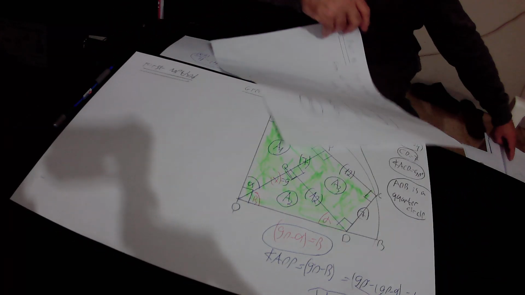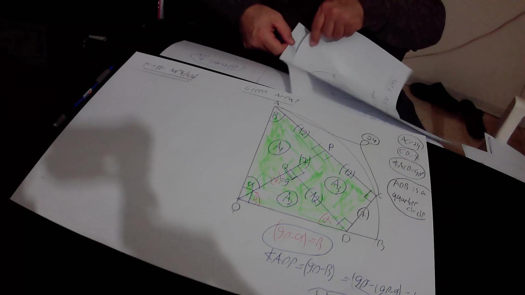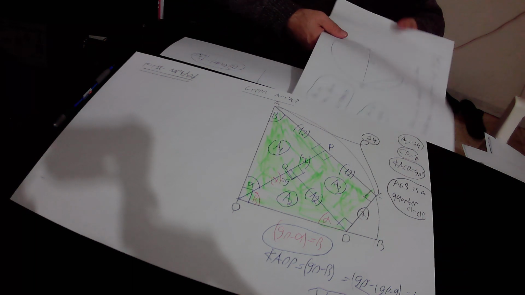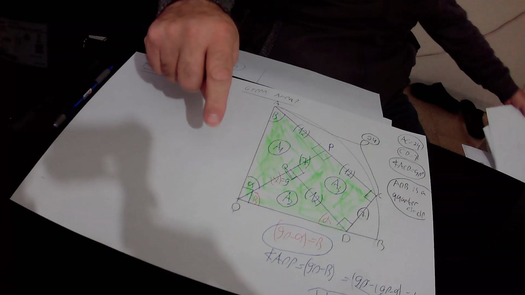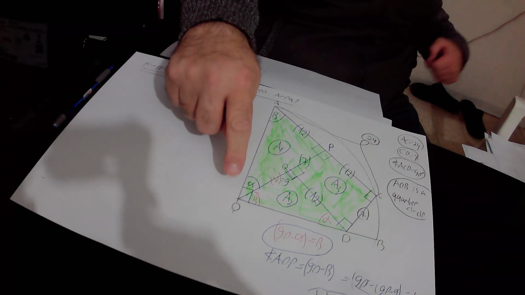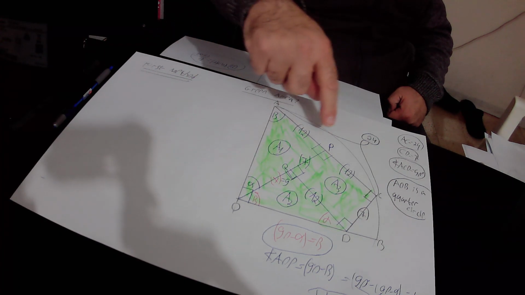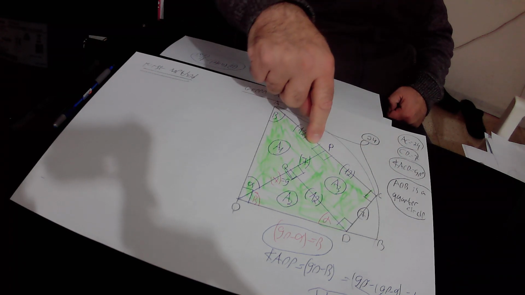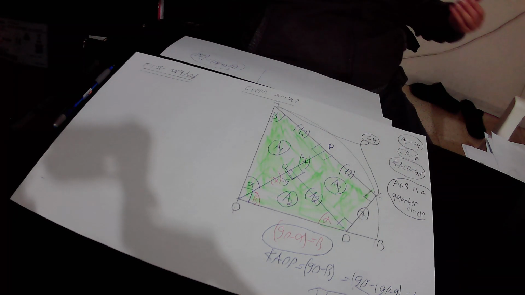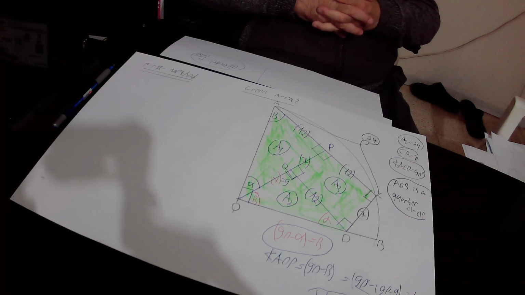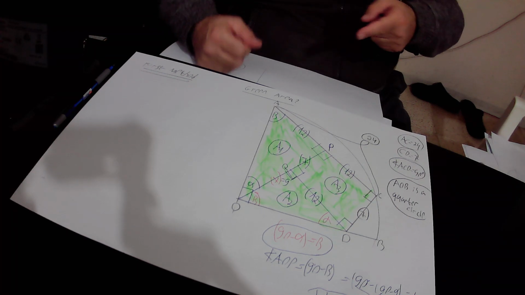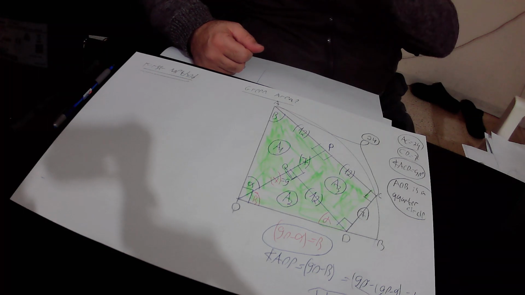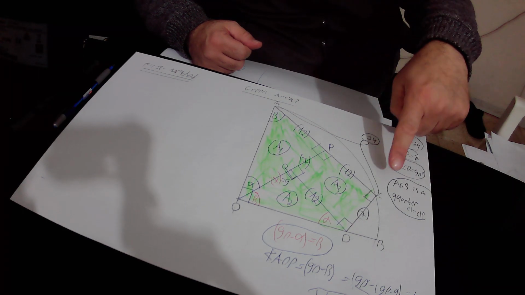Why? Because in our drawing, from the center of the circle, that is to say from point O, we draw perpendicular OP on chord AC. So this angle equals 90 degrees and this angle equals 90 degrees according to our construction. Therefore, according to rule number 11, the perpendicular OP must also bisect chord AC.